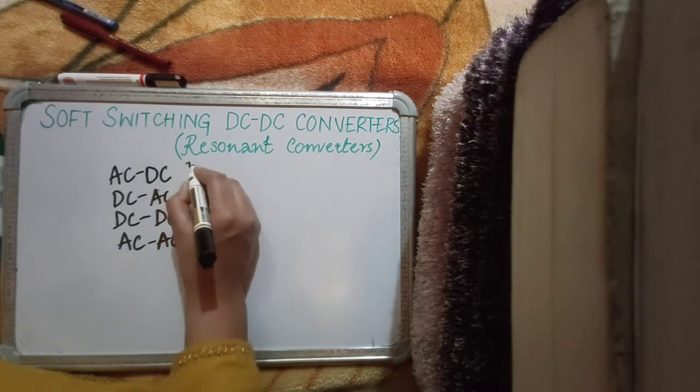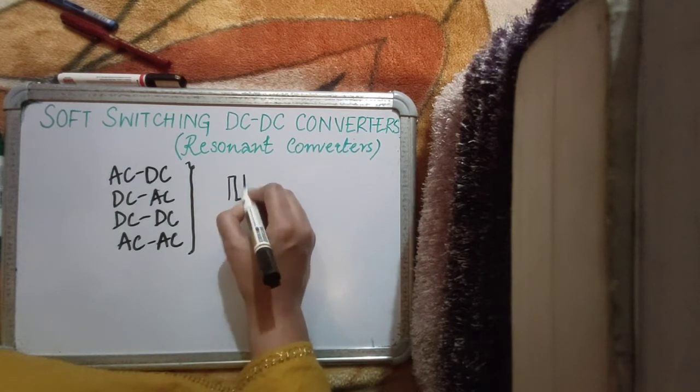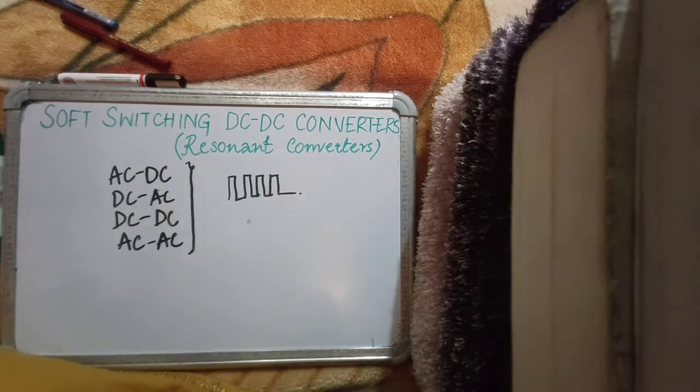So all types of power conversion are possible by rapid on and off switching of power electronic devices. We also call it switch mode power conversion because each device is operated like a switch, on and off, mostly in its saturation region.